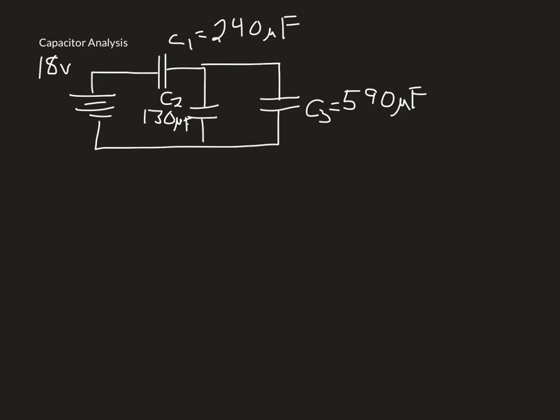So I am going to reduce this circuit to a simpler circuit using equivalent capacitance. A tip for creating equivalent capacitance is to begin at the far end of the circuit.